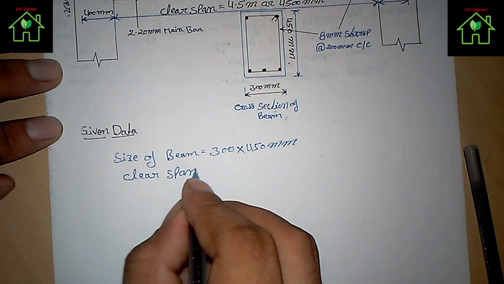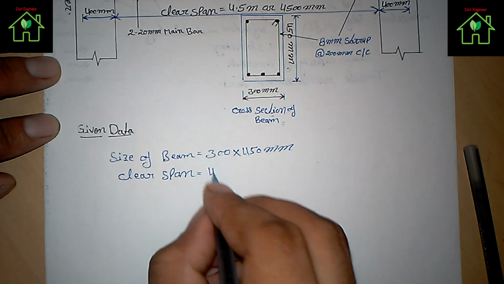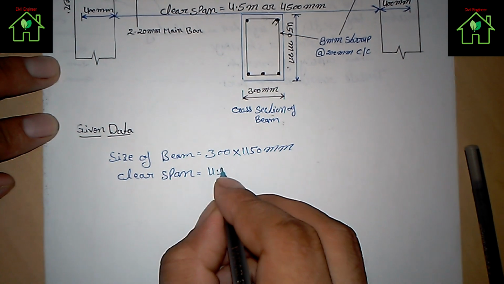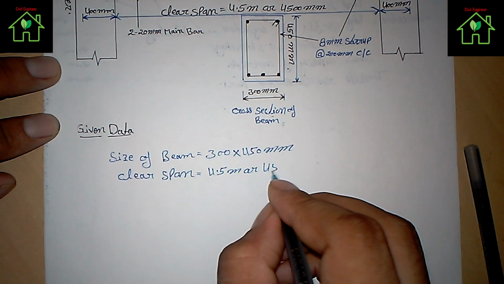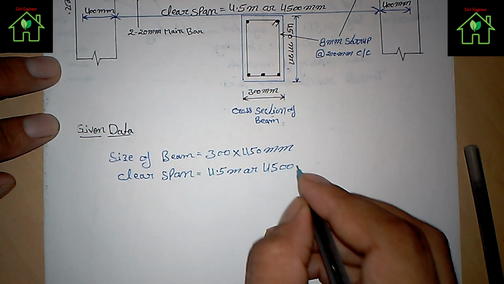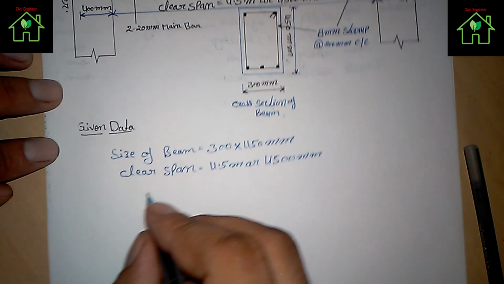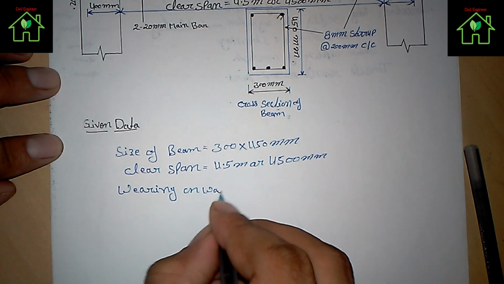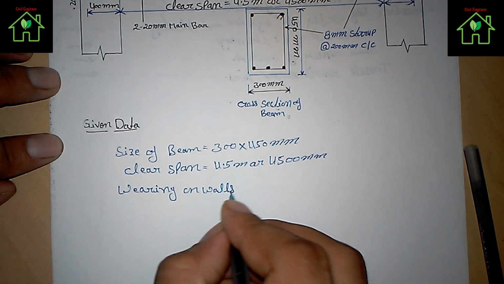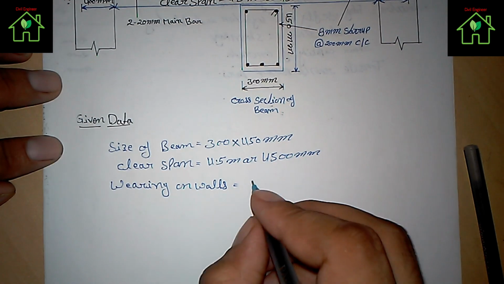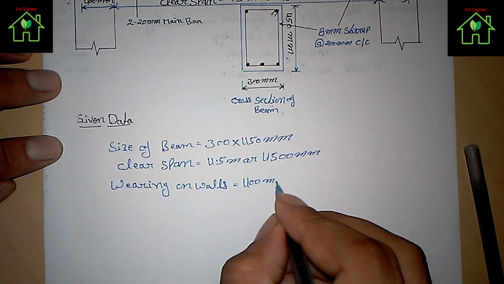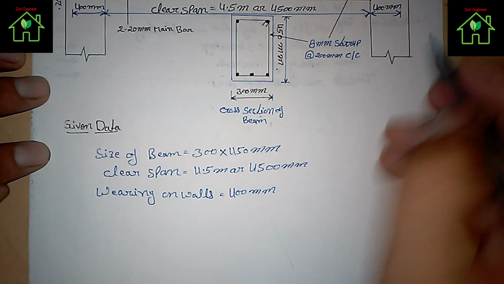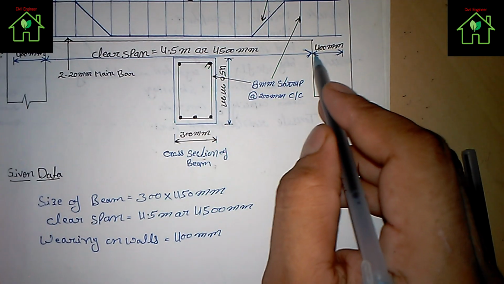Clear span is equal to 4.5 meter or 4500 mm. Bearing on walls is 400 mm. What is the bearing? Bearing is this section.